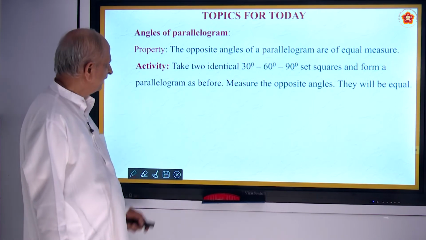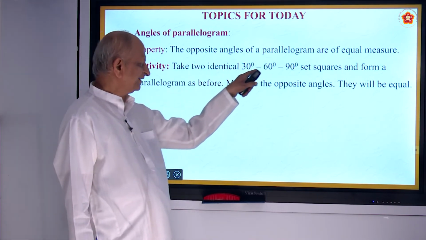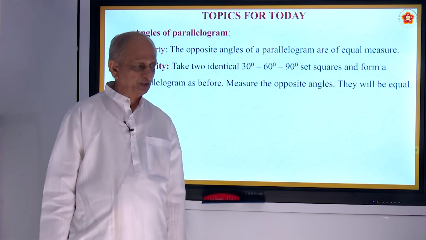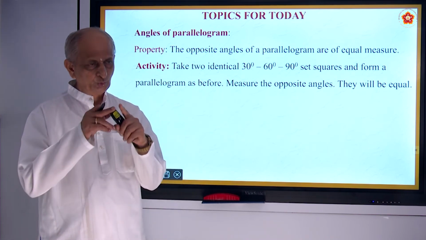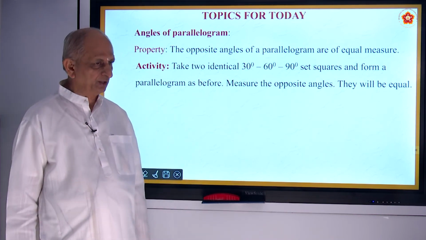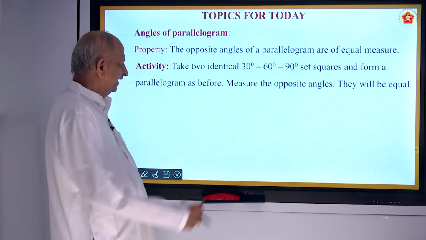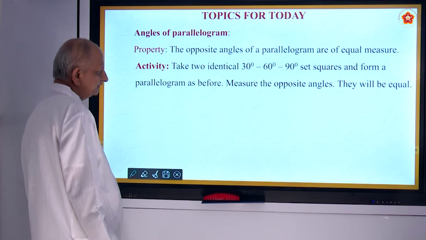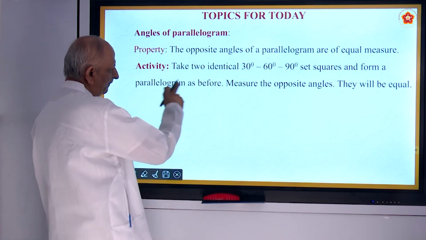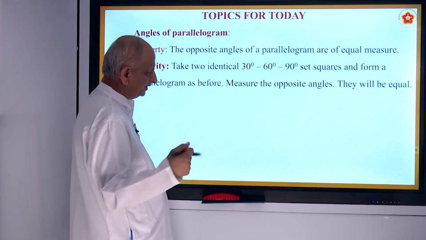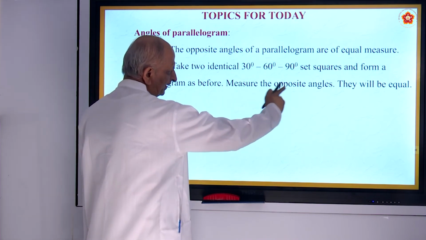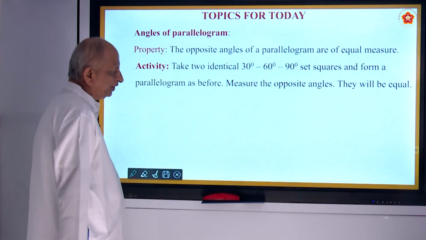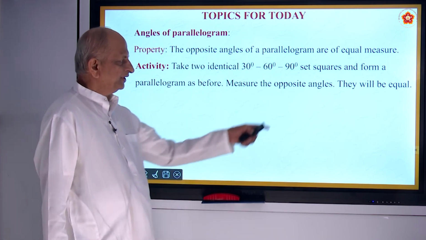This can be done by two set squares. In the previous class I showed you there will be two set squares in a geometry box having angles 30, 60, 90. That should be taken, and you should form a parallelogram as we have done in the previous class, and measure the opposite angles. What do you observe? They will be equal.